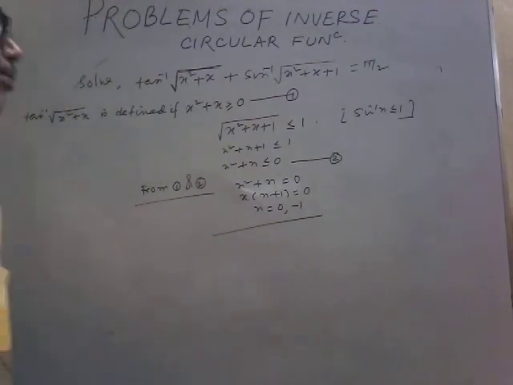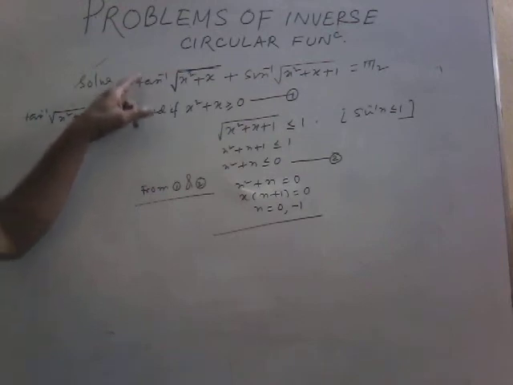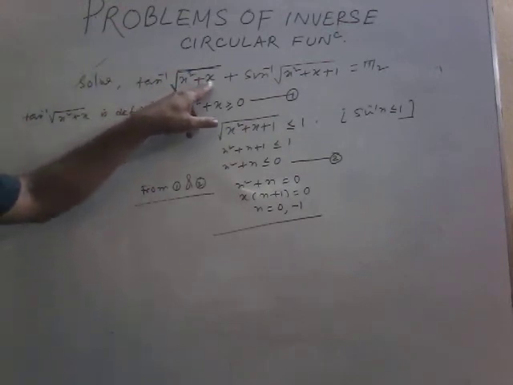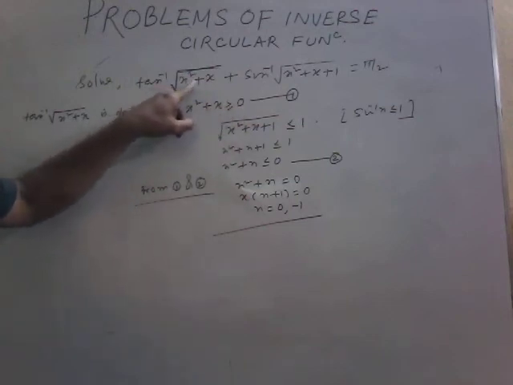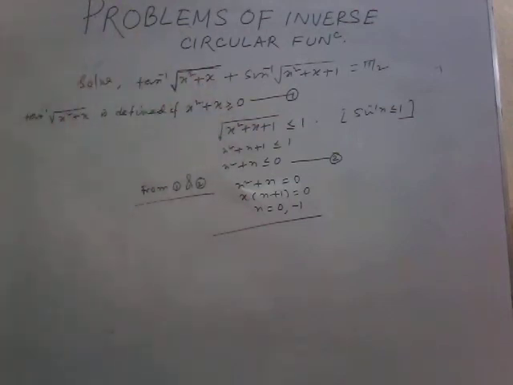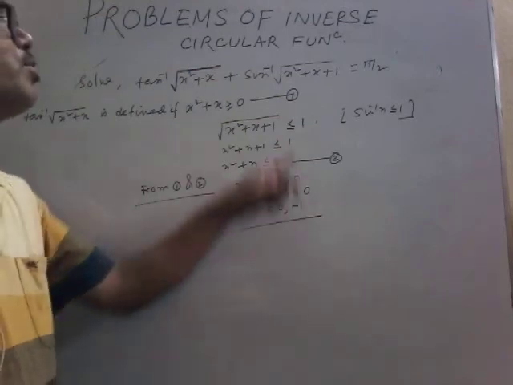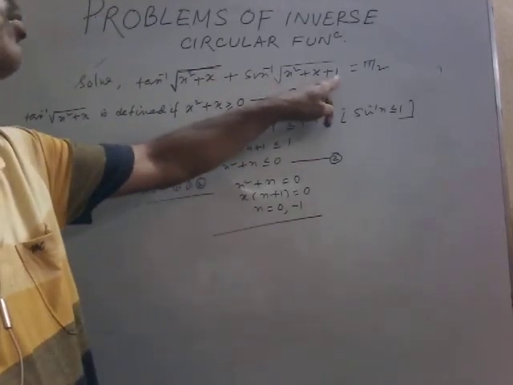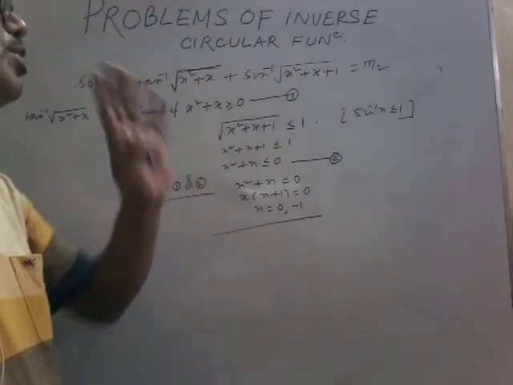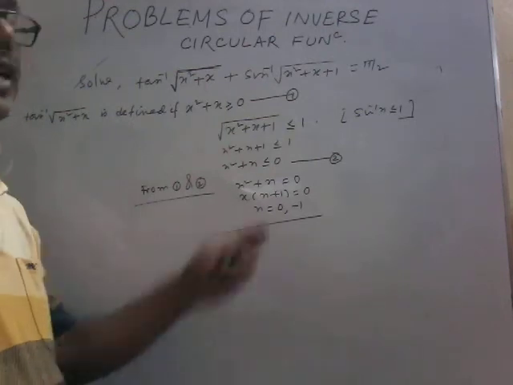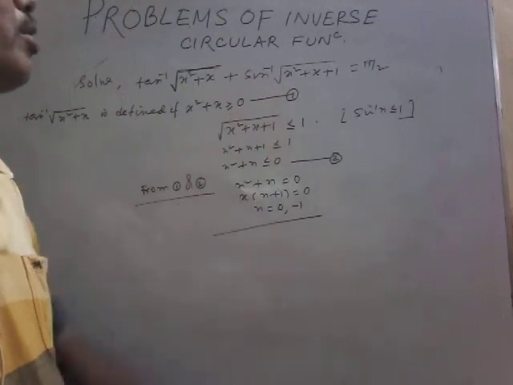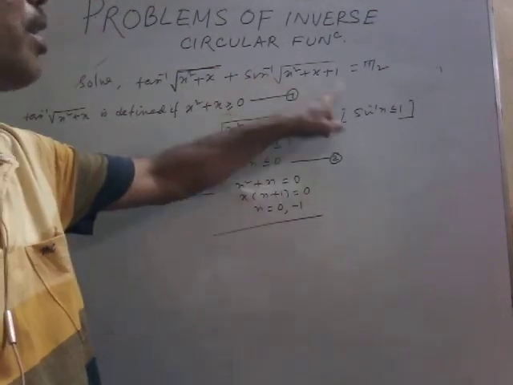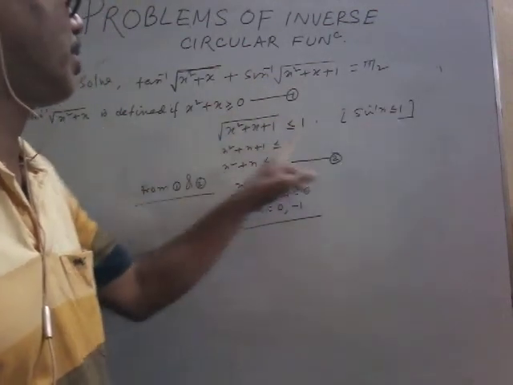Look again. For tan inverse, this root must be greater than or equal to 0, because a negative root is imaginary. Here also x square plus x plus 1 is greater than or equal to 0. But there is also another condition: for sine inverse x, its argument must be less than or equal to 1.